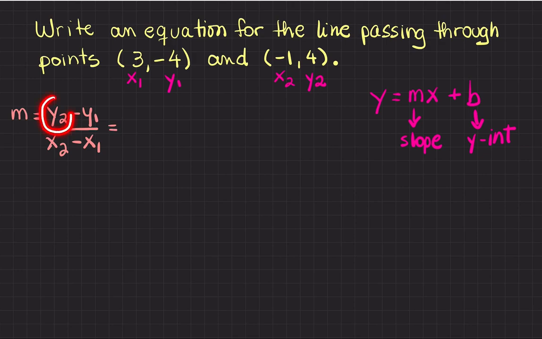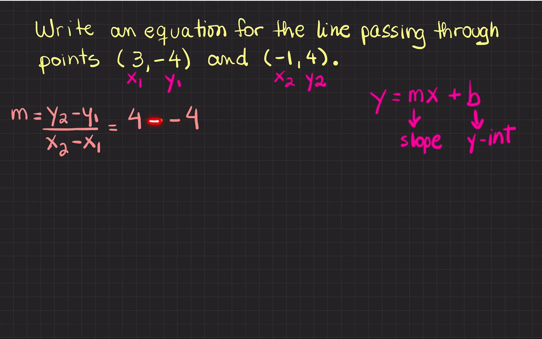First, I have y2, and y2 is 4. Then minus, this minus is from the formula, minus y1. But y1 is -4, so I need to minus -4. I want you to realize that I ended up here with 2 negatives in a row.